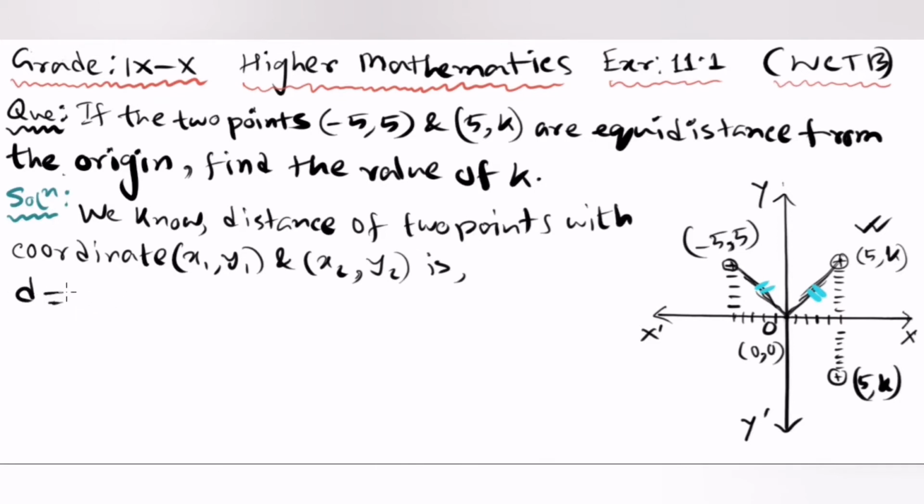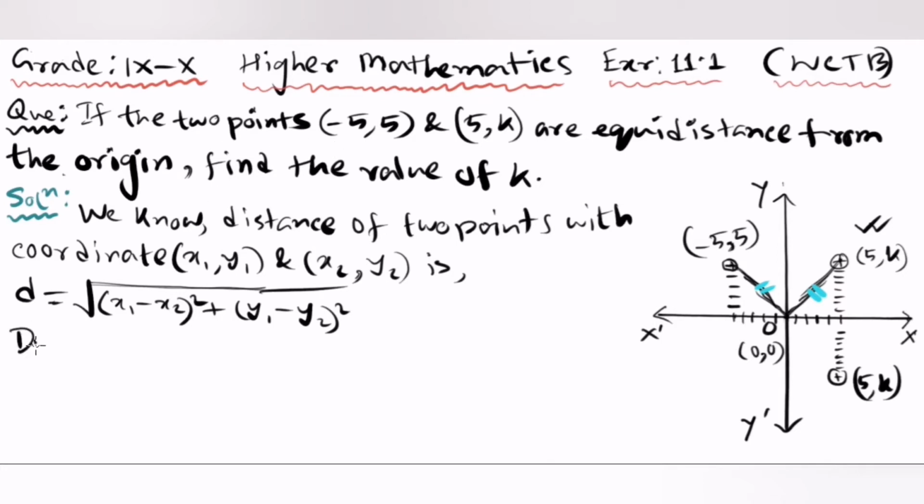So the formula you definitely remember from the first lecture of this exercise, that is the square root of x1 minus x2 whole square plus y1 minus y2 whole square. So according to that, for the first case I am considering minus 5 comma 5.